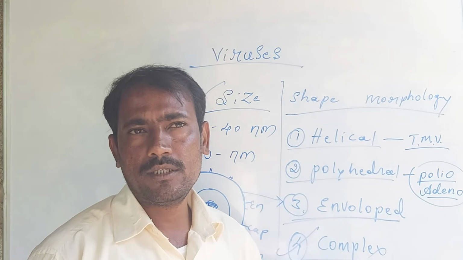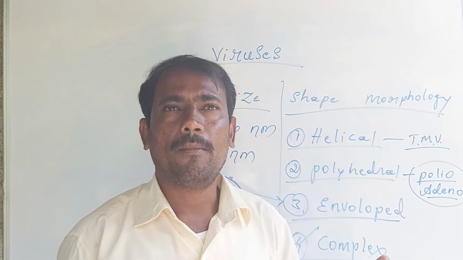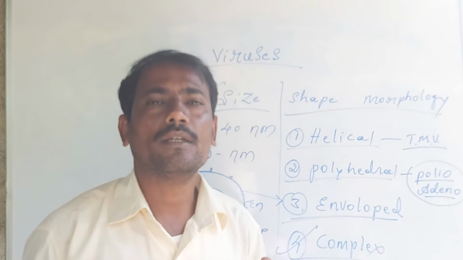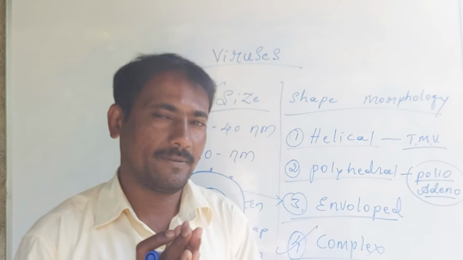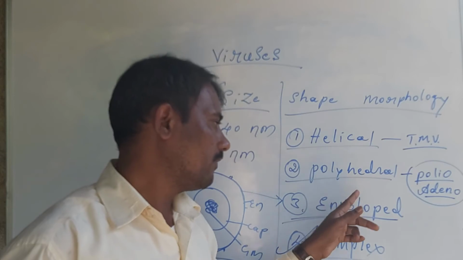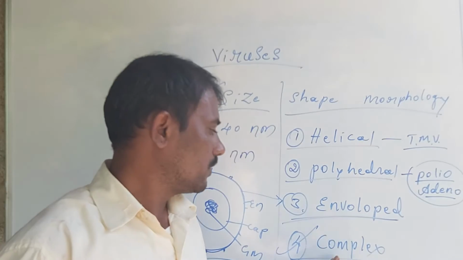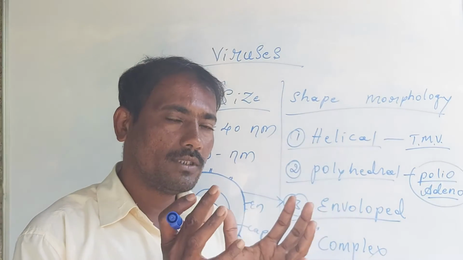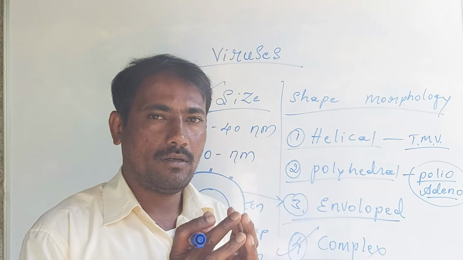Complex viruses means what? These are morphologically very distinct and too complex. They are neither helical in form, polyhedral in form, nor enveloped in form. So the morphology is very complex.